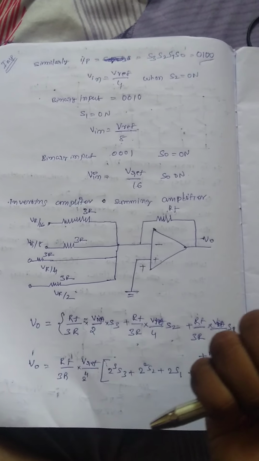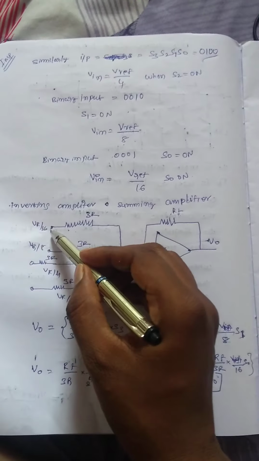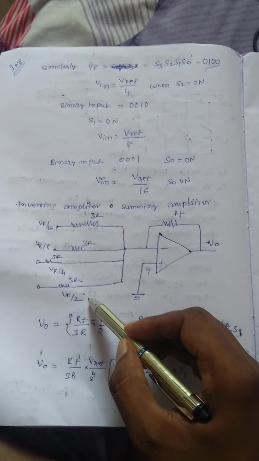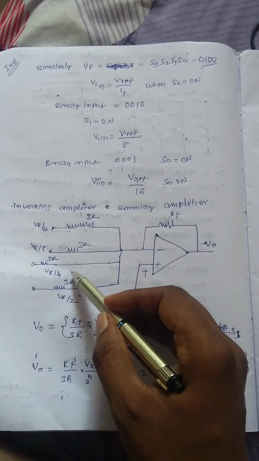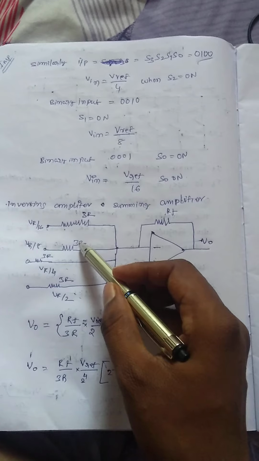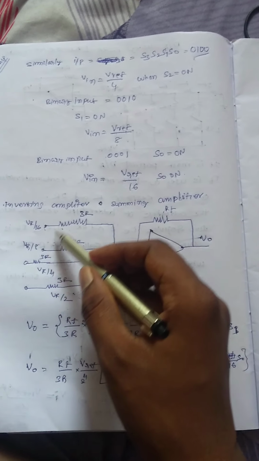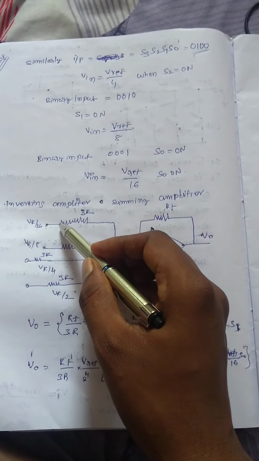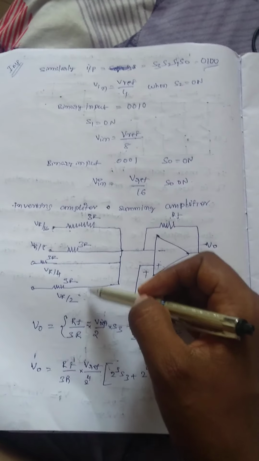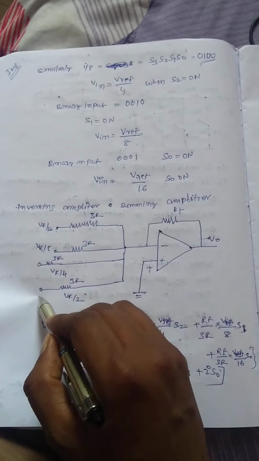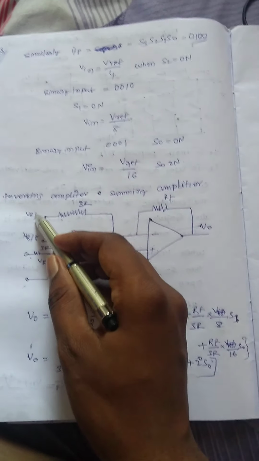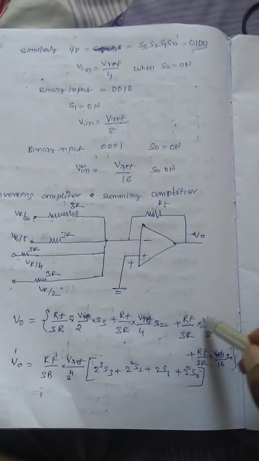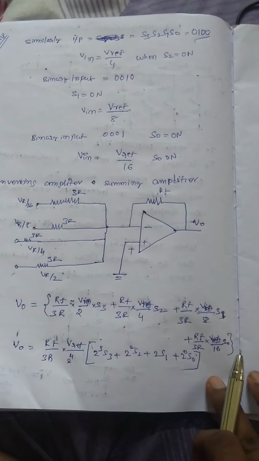This is one of the inputs when S0 is on, this one when S1 is on, this one when S2 is on, and this one when S3 is on. So this is S3 on, S2 on, S1 on, S0 on. So this is a summing amplifier.